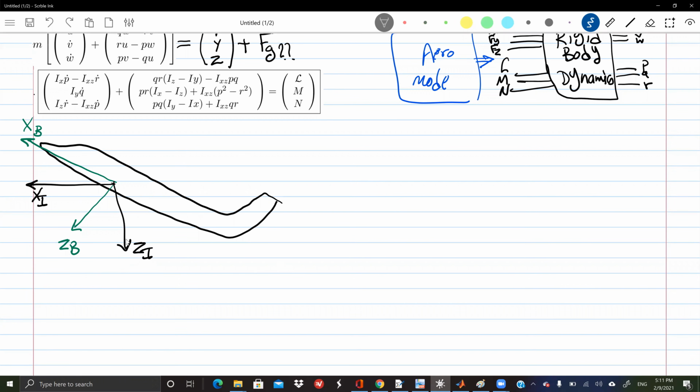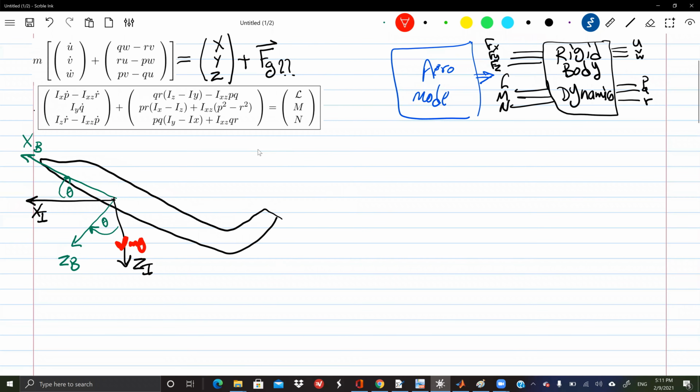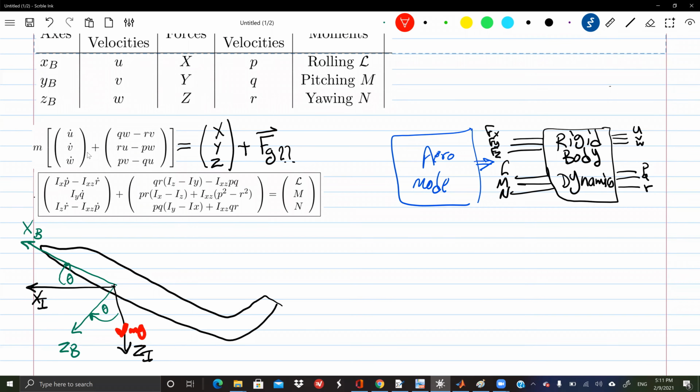So these are inertial axes. The body is usually inclined. So I have these kind of angles. This is the pitching angle of the body, theta. So if I have the gravity here straight downward, mg, in this case, I can simply do cosine and sine to get the gravity component along the X body and Z body and so on.